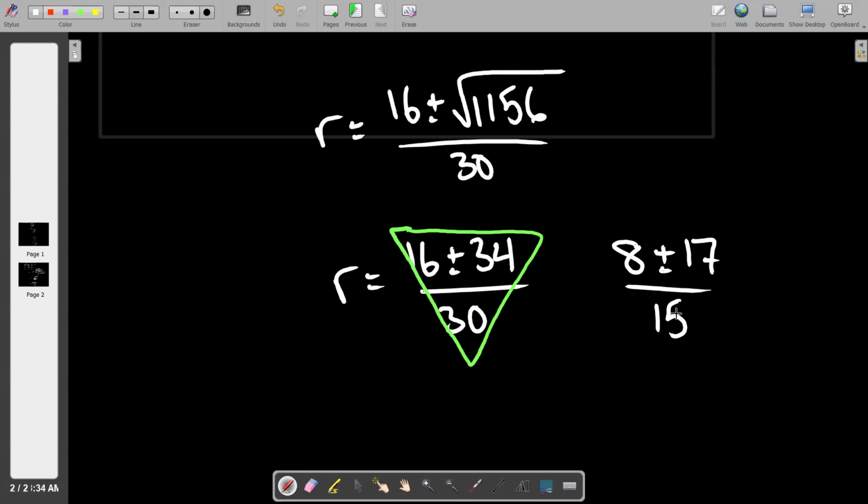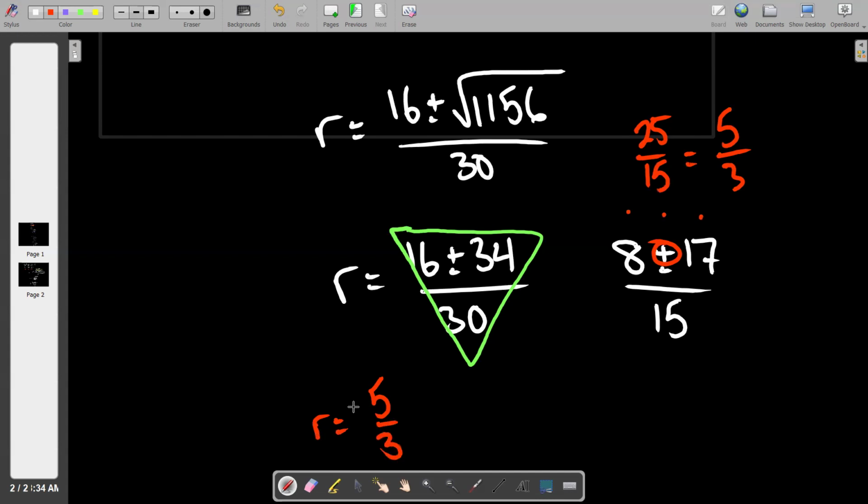Okay. So now it's time to do the different pathways. One of the answers is going to be arrived at by taking the upper pathway, plus. What's 8 plus 17? And so you put 25 over 15, and then you reduce those both by 5, and you get 5/3. So one of your answers is R equals 5/3.